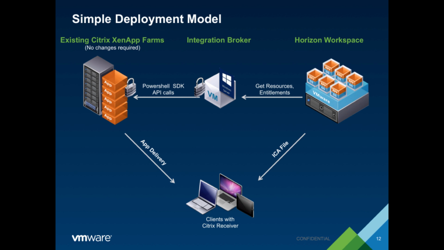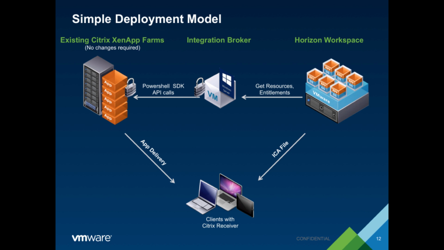So the recommendation and best practice for setting this up for, say, a proof of concept or a small production environment would be the simple deployment model, having all the components running on a single integration broker. So you would have the single sign-on options, and you would have the resource and entitlement synchronization happening on the same integration broker for a small environment or for a proof of concept.